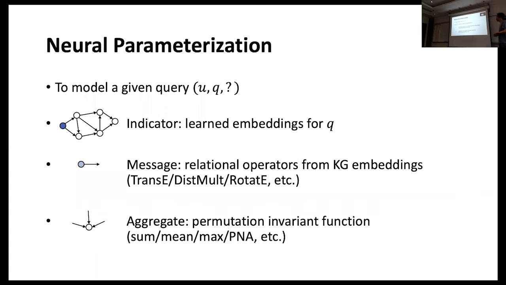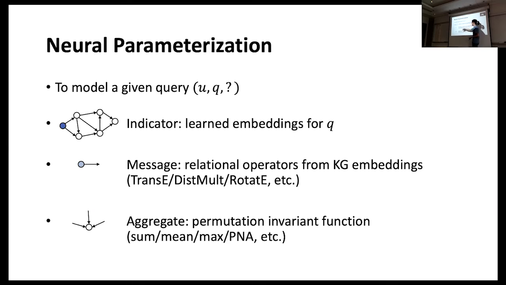So here is our neural parameterization. We mainly parameterize three components in the generalized Bellman-Ford algorithm to model a given query in a single-source fashion, like the single-source shortest path. We assume that the query is given in the form of (u, q), and we want to predict all the entities for this (u, q). The first component we learn is the indicator, that is, the boundary condition, the initialization condition for the Bellman-Ford algorithm.